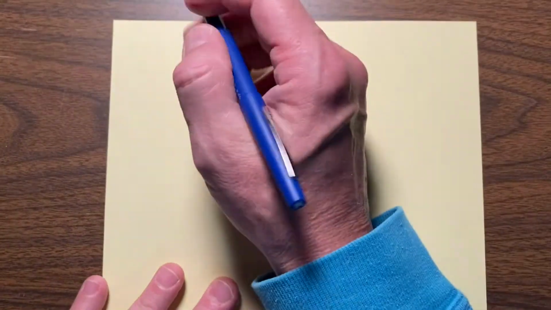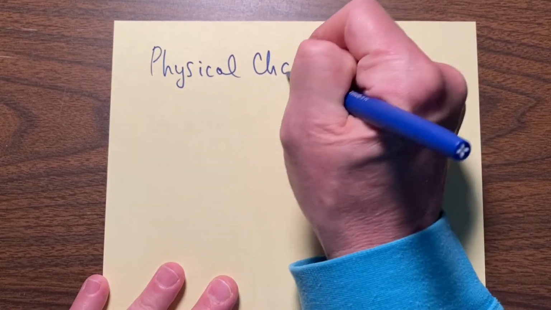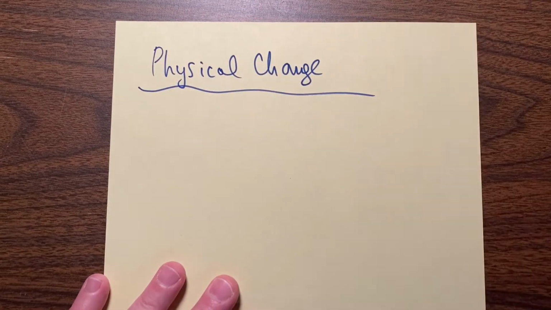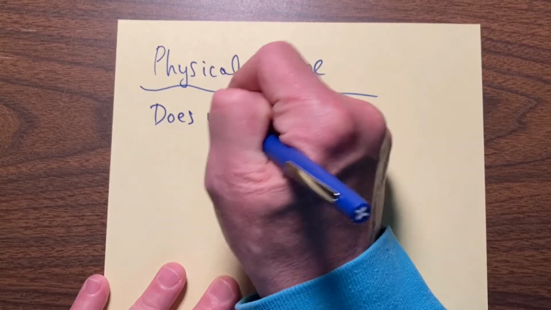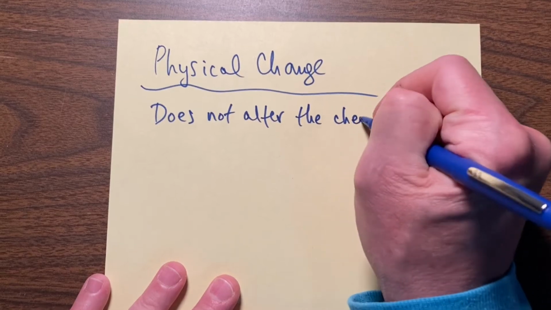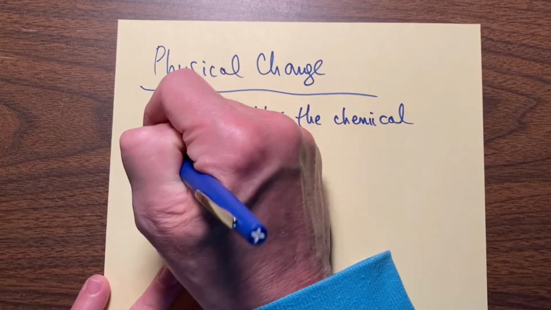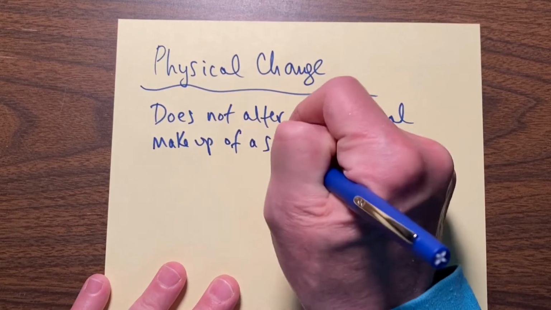And we also have what are called physical and chemical changes. So what's a physical change? A physical change does not alter the chemical makeup of a substance.